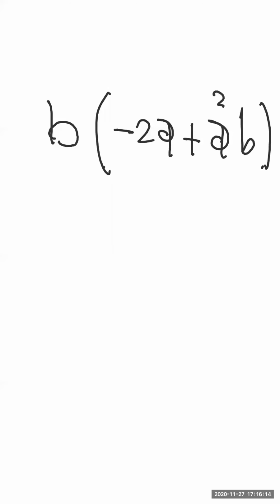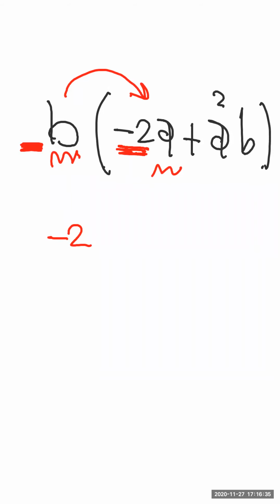Now I have to multiply b by the whole terms inside the bracket. So b first by this term. First multiply the coefficients: negative 2, and the coefficient here is of course 1, so negative 2. Then b times a equals ba.